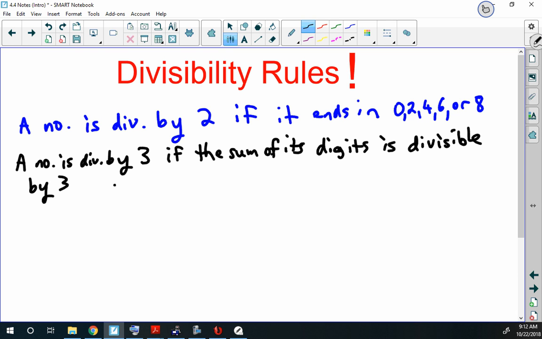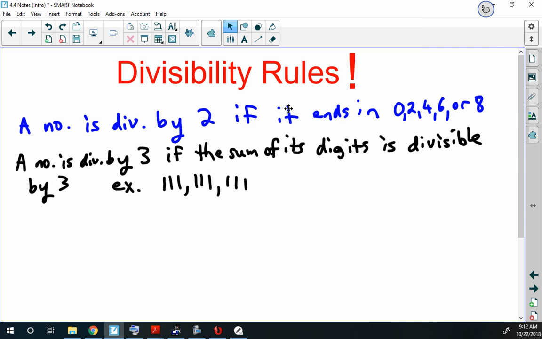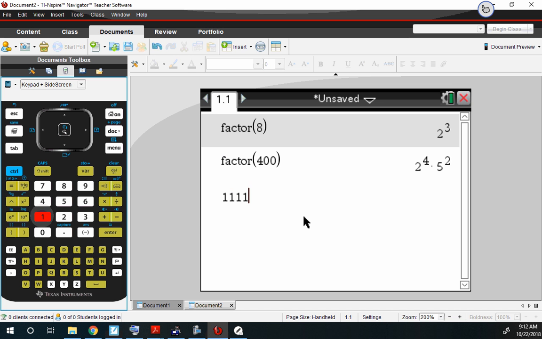So, a specific example. 111,111,111. Divided by 3, it divides evenly.